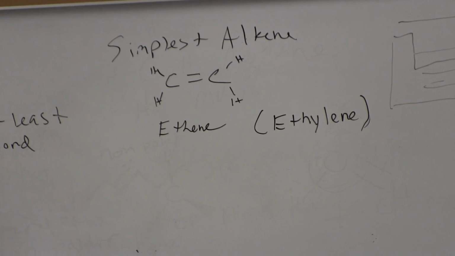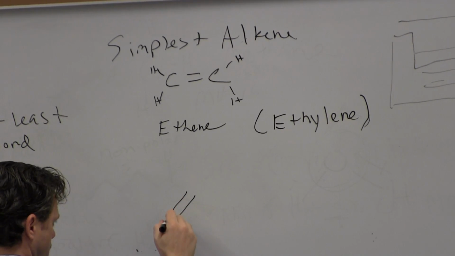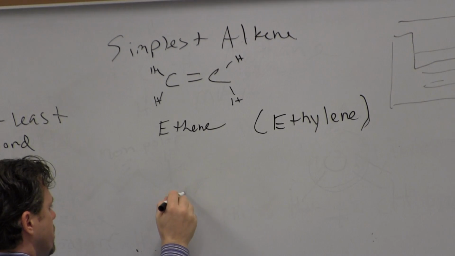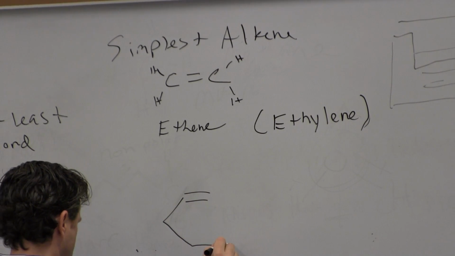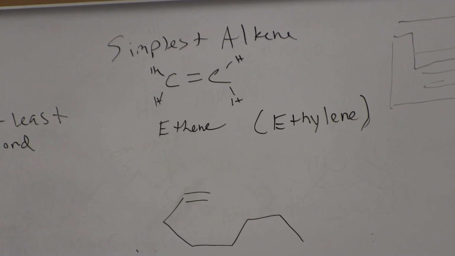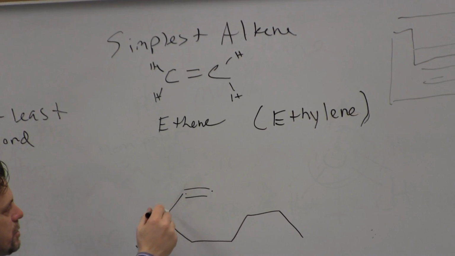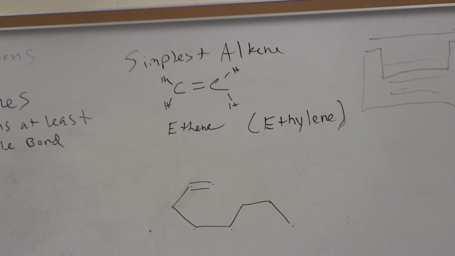And when you're drawing these structures of these various alkenes, you may see them written in all kinds of different configurations for the same thing. But all that really matters is the location of the double bond in naming this thing. So here we have a 1, 2, 3, 4, 5, 6, 7, an 8 carbon alkene.